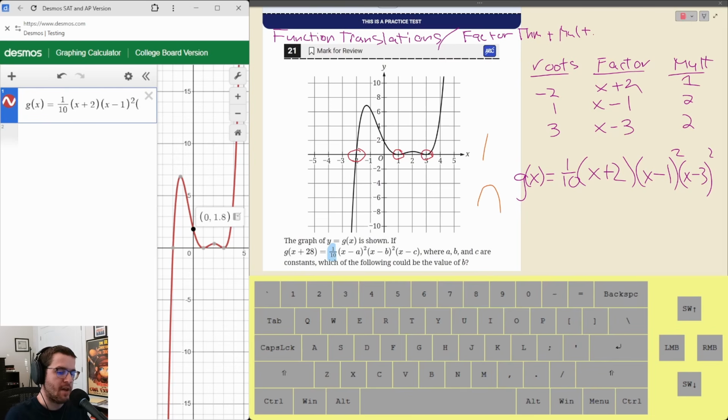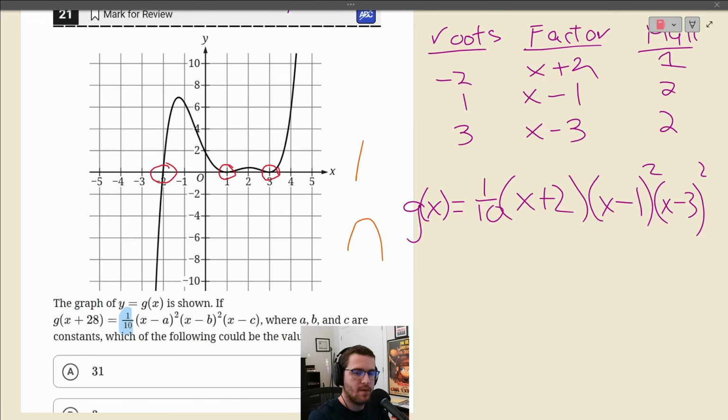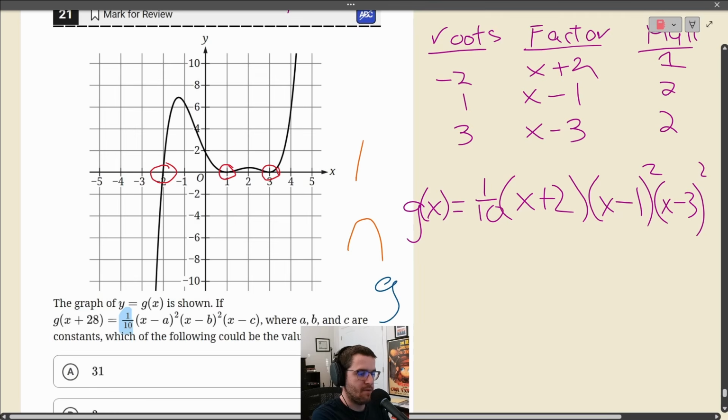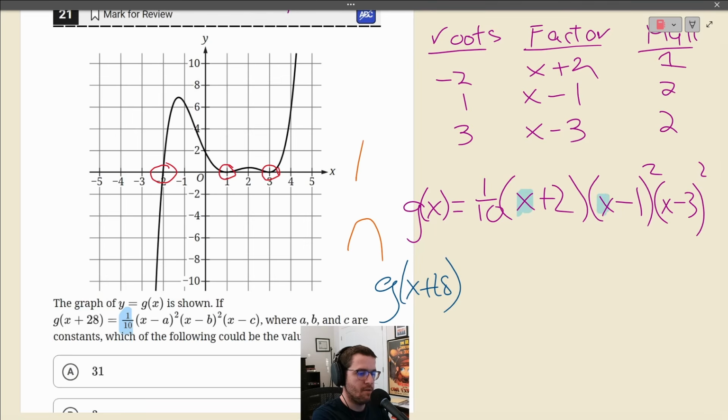Okay, let's jump back to the whiteboard. All right, I go over this in the function translations video. To find g of x plus 28, what we're going to do is replace all the x's in the function g with x plus 28. So we're going to do 1/10 x plus 28.